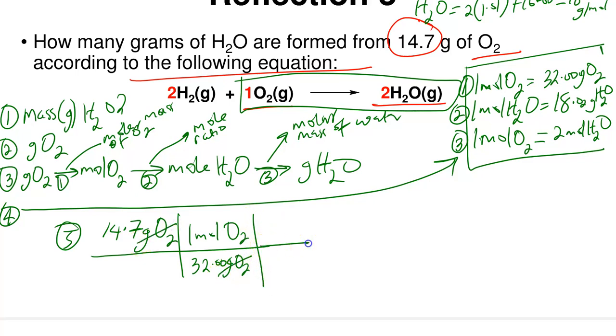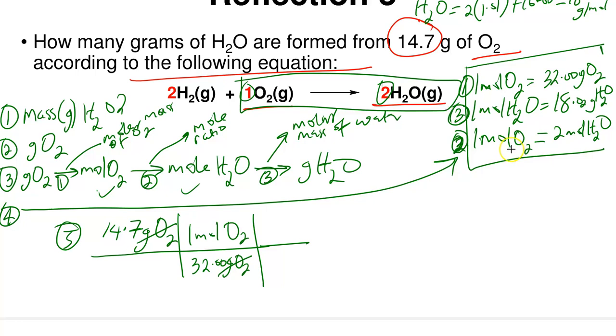The next thing, we're going to go from mole of oxygen to mole of water using the mole ratio, which is in the second part. Since we're looking for water, water is going to be on top. Oh, I made a mistake here. We use this one first, we use this second as 2, and then we use this last.